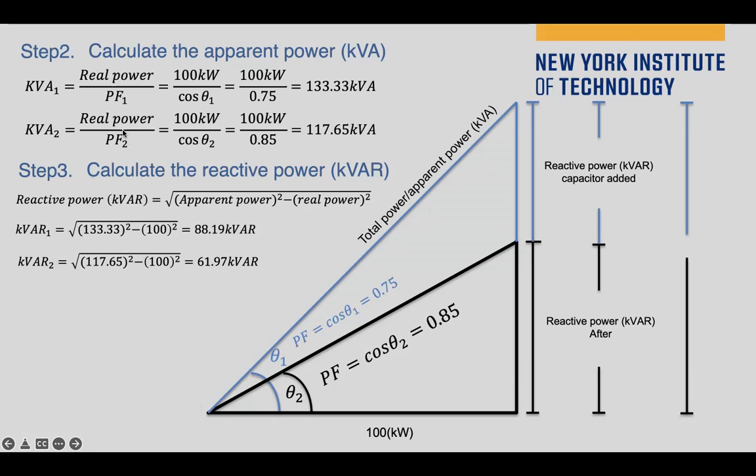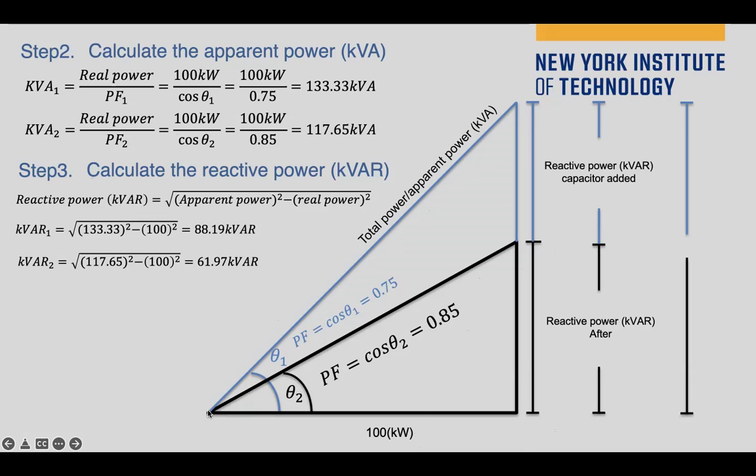And the second is the apparent power after we make the improvement. We put in the capacitor, and because we already know the power factor after the improvement, and we already know the real power, we make use of the same equation.